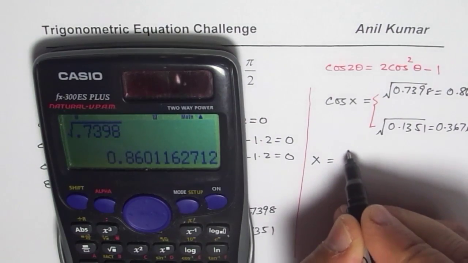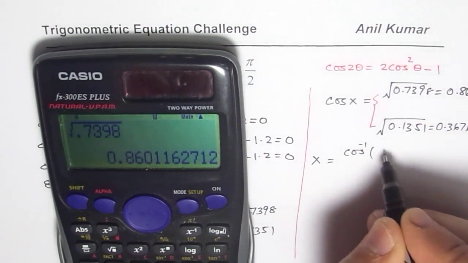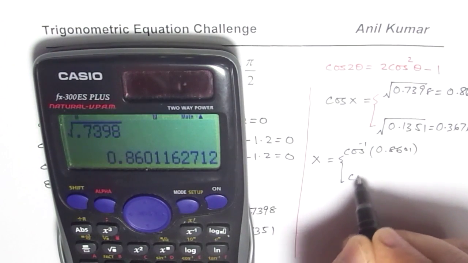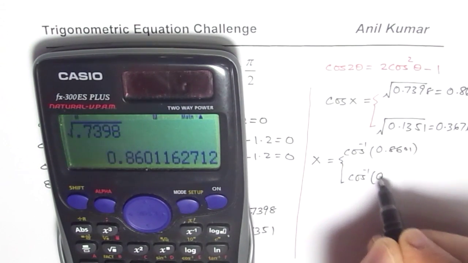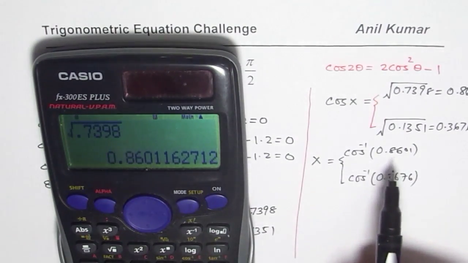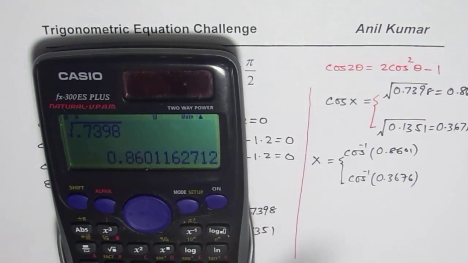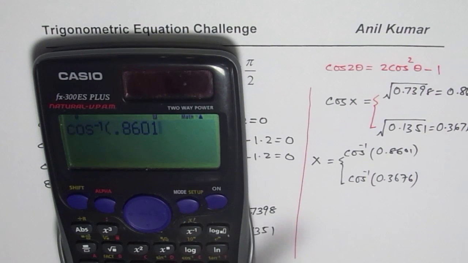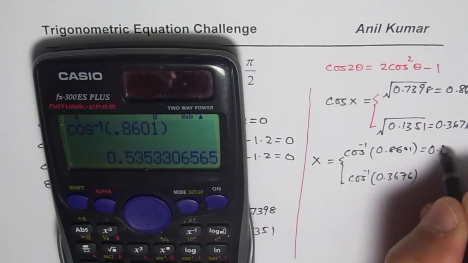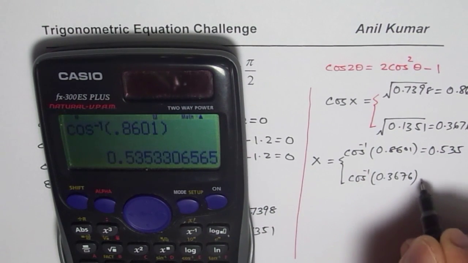So x is cos inverse of these values, right? Cos inverse of 0.3676. So let's find the cos inverse of this. Shift cos inverse of 0.8601 equals 0.535.